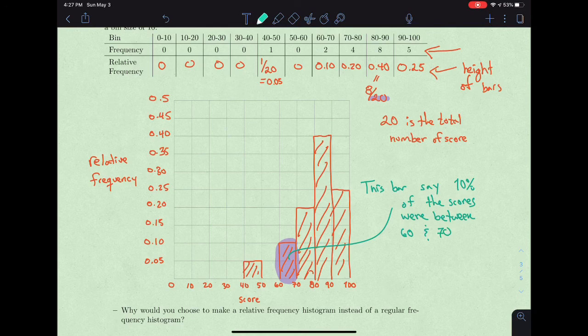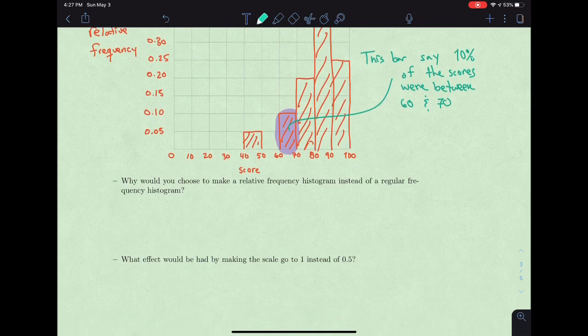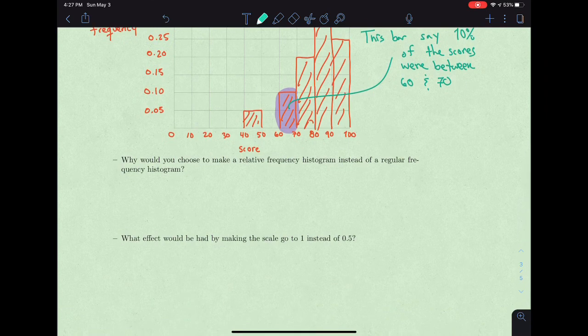So let's move on to some questions. Why would you choose to make a relative frequency histogram instead of a regular frequency histogram? Regular meaning just without the qualifier of relative. So using frequency, you get actual numbers.